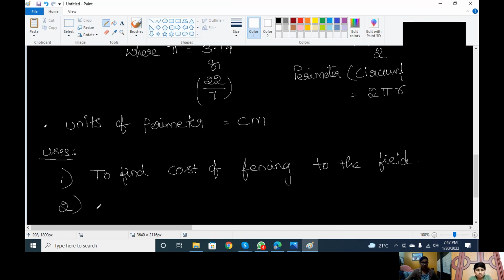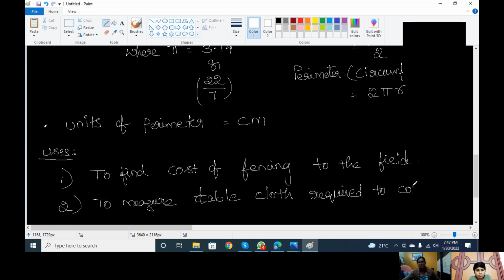Another one is to measure a table cloth required to cover it. Hope you understood about the perimeter.